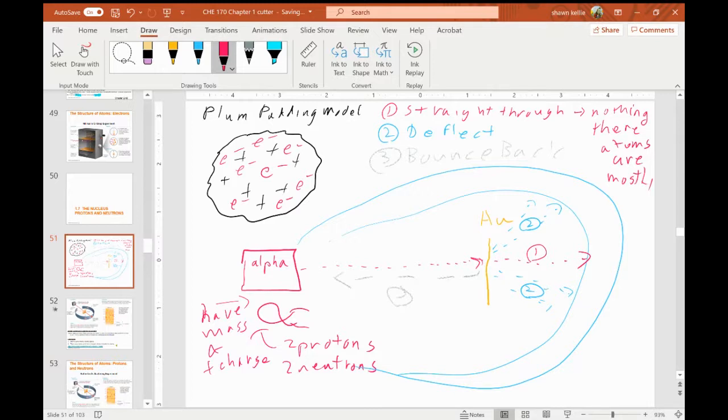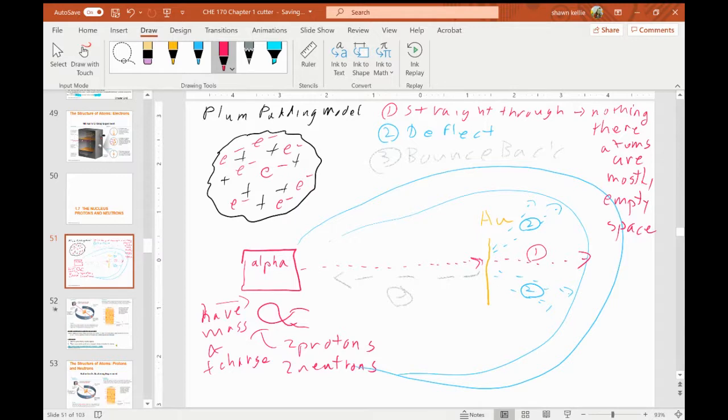Atoms must be mostly empty space. So since the majority of the alpha particles were going straight through, matter can't be in two places at once, so there's nothing there for them to hit, so atoms must be mostly empty space. So the alpha particles that go straight through say atoms are mostly empty space.